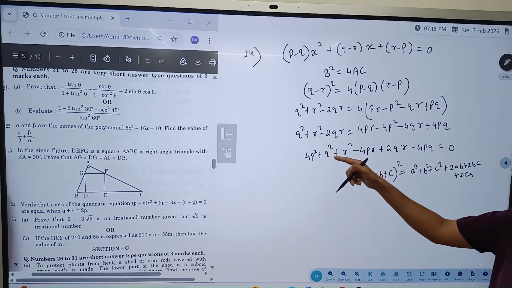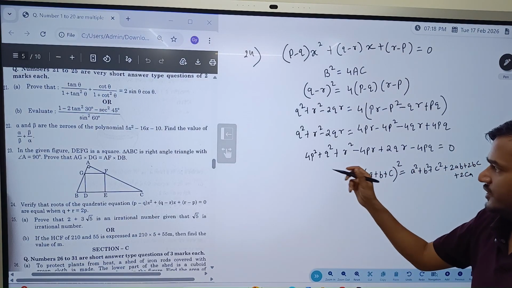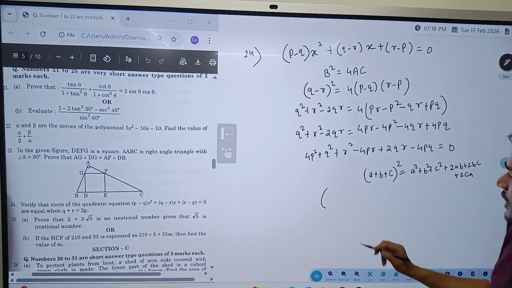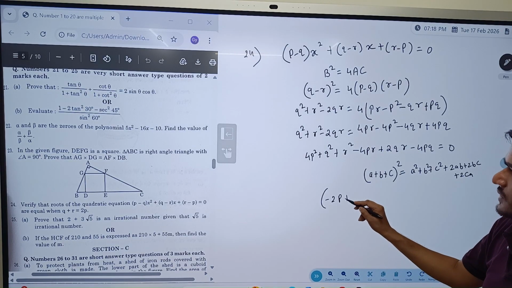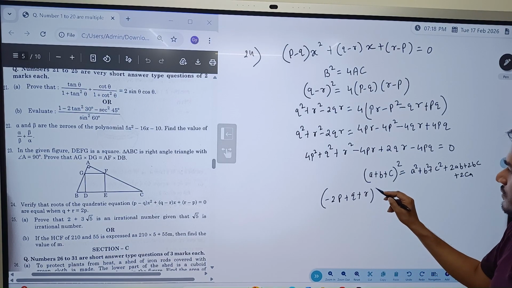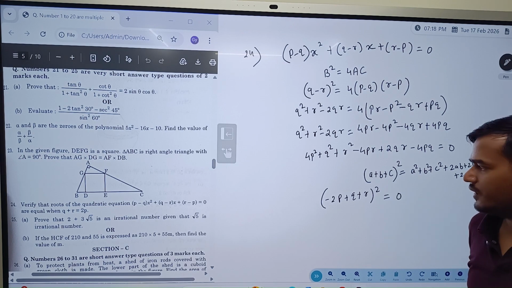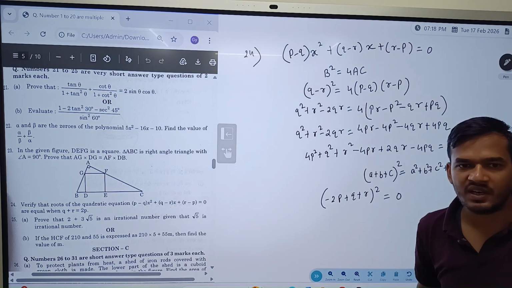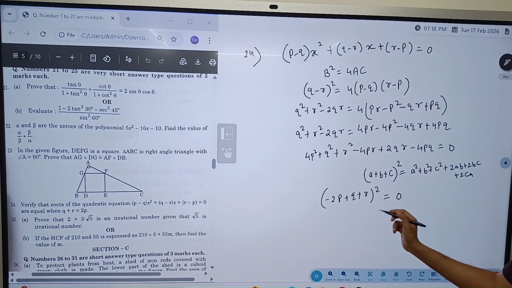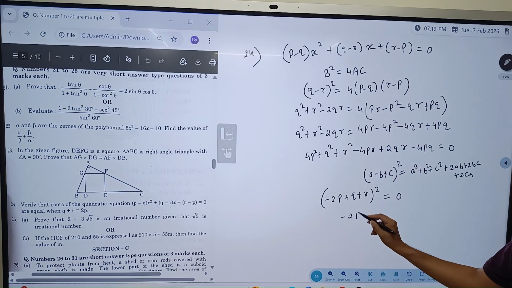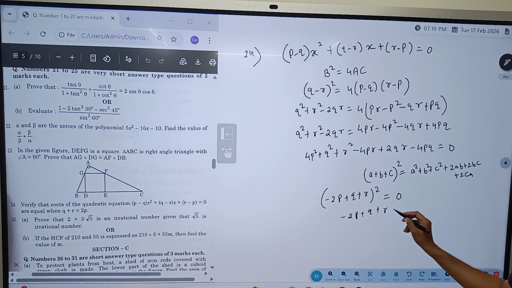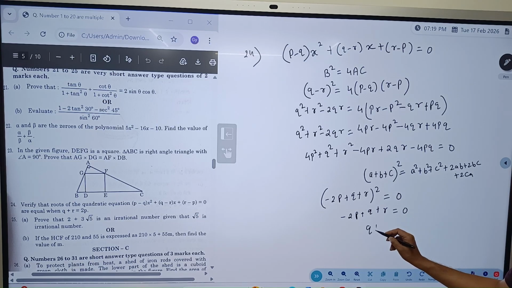So if you look at this expression closely, it is the square of minus 2P plus Q plus R. So this is minus 2P plus Q plus R whole square. So we can write minus 2P plus Q plus R is equal to 0, or Q plus R is equal to 2P. This is what we have to prove.